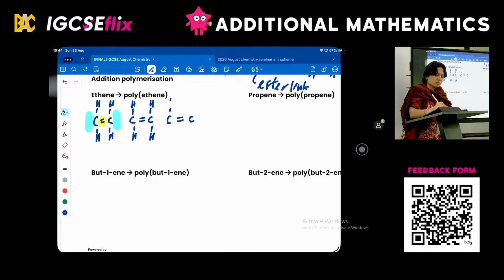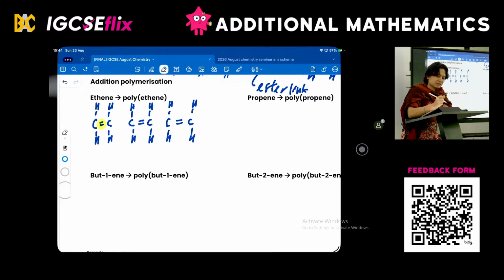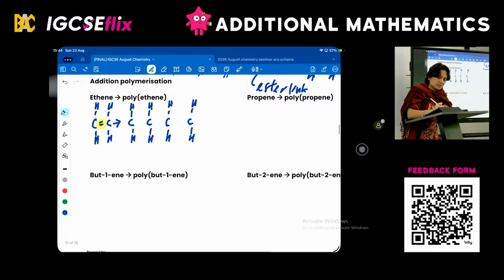And so, they tell each other, I am lonely. Can we please hold hands? And then the ethene says, okay. So what happens here is, the double bond opens. Just now it's a double bond, right?